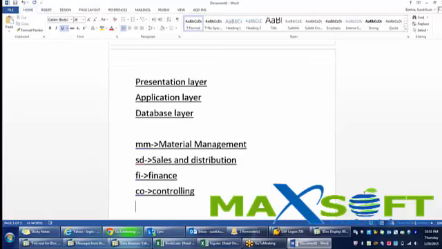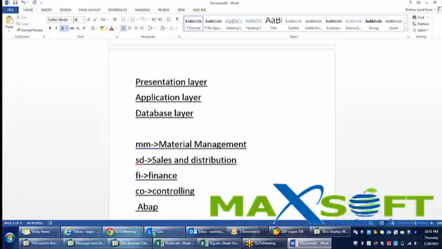So this SAP R/3 business suite comes with ready-made built-in applications, more than 20-25 applications, for various departments. These applications are basically software applications, right? These applications are developed using one software language called ABAP.